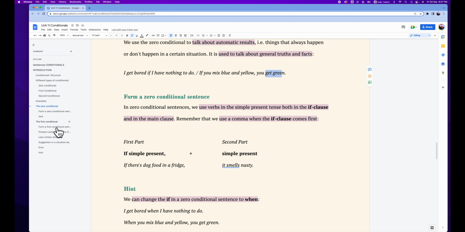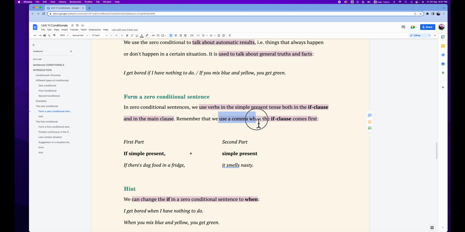Then how to form a zero conditional sentence? Let's take a look. In zero conditional sentences, the verb we use will be in simple present tense for both the A part and the B part. The A part, we call it the if clause. The B part, we call it the main clause.